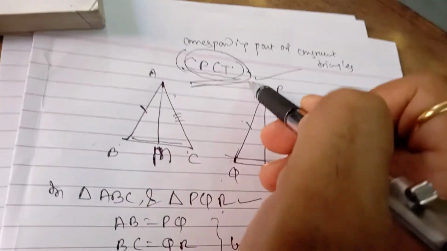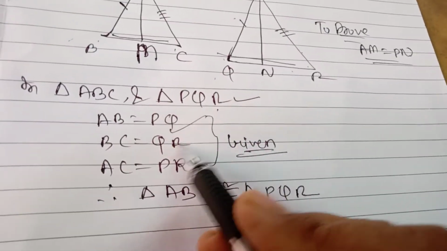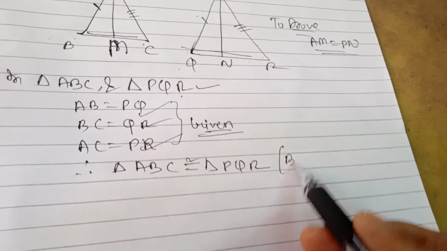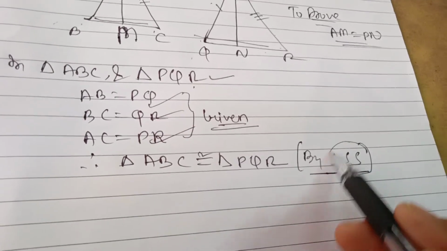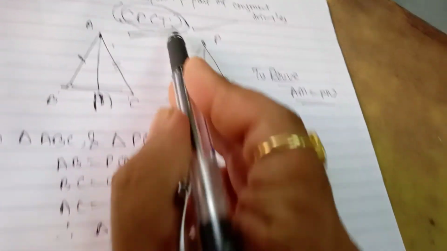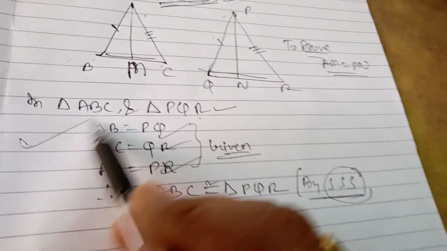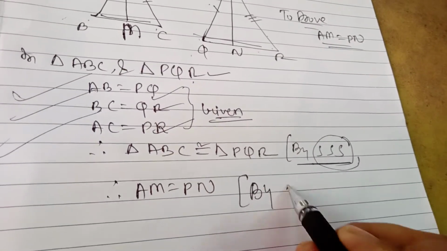Just a little hint on why we use CPCT. Don't panic, I will tell you all the identities. Now see, we have taken all the sides, so I can write here by side. No doubt I have not explained the criteria of side, but I am just giving a glimpse of the meaning of CPCT. If the triangles have already been proved congruent, I can write therefore AM is equal to PN, by CPCT.